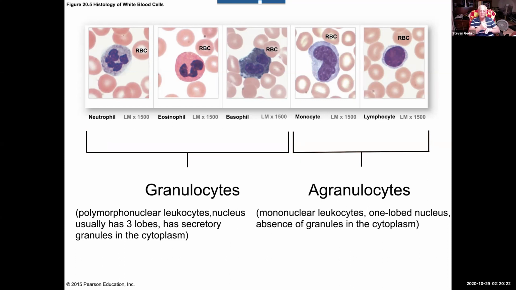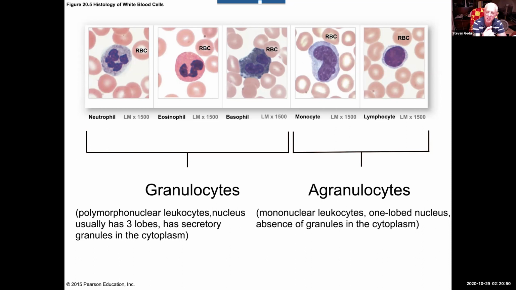The granulocytes have what's called multi-lobed nuclei, usually 3 lobes to the nucleus. In each one of those, you'll see the nucleus roughly has 3 parts to it. If you look at the agranulocytes, they have a 1-lobe nucleus, mononuclear. So the difference between granulocytes and agranulocytes: granulocytes have multi-lobed nuclei and they have granules in their cell.